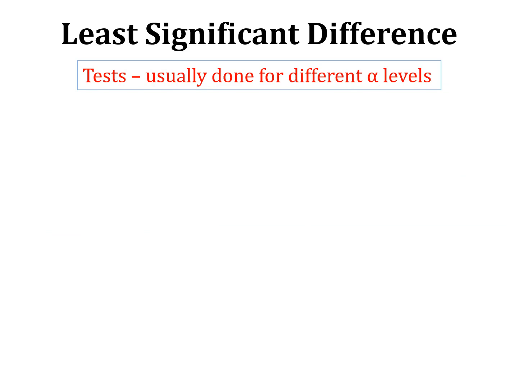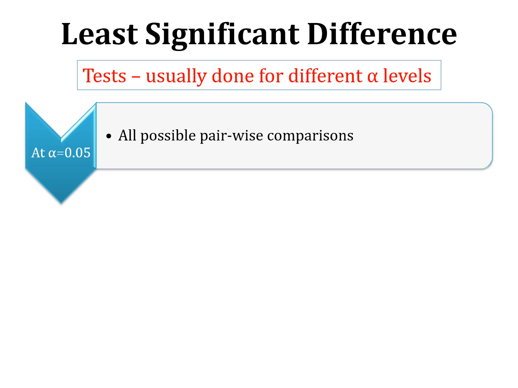And another important thing is that these tests are usually done for different levels of significance. First of all, they're done at the level of significance of 0.05, and this is done for all possible pairwise comparisons. In the example that we are looking at, we have 6 pairwise comparisons.